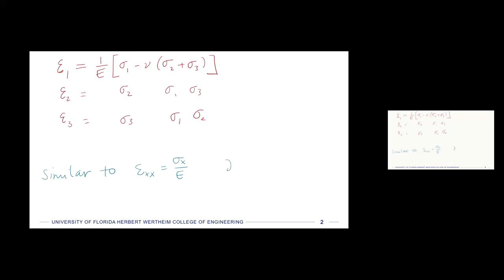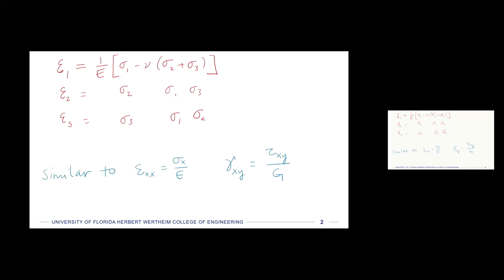So shear strain, which I'm going to write as gamma xy, is equal to the shear stress xy, tau xy, divided by G. There is a long description in the book of how this is derived, and I'm going to skip that because I just want to get to useful equations so that we can start solving some more problems. But I do want you to know generally where these things come from.